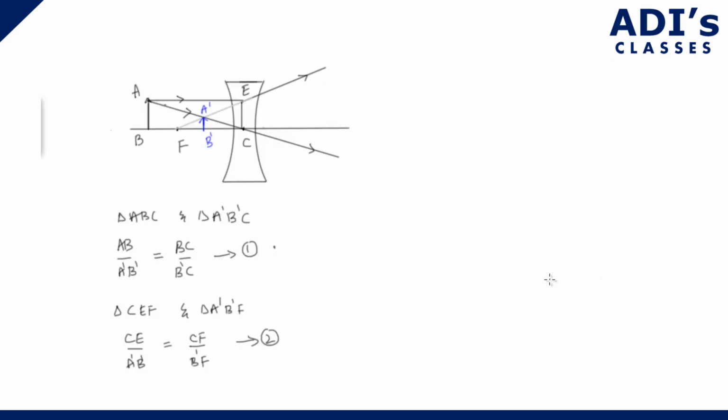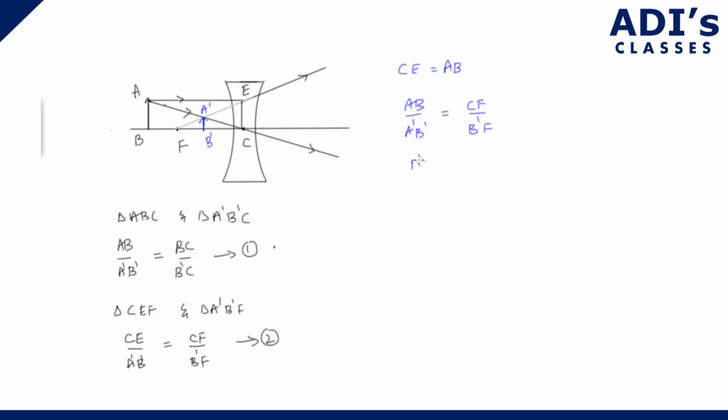So in equation 2, if you substitute that, we have AB divided by A dash B dash is equal to CF divided by B dash F. If you compare equation 1 and this equation, the LHS is the same, so the RHS will also be the same. So we have BC divided by B dash C is equal to CF divided by B dash F.